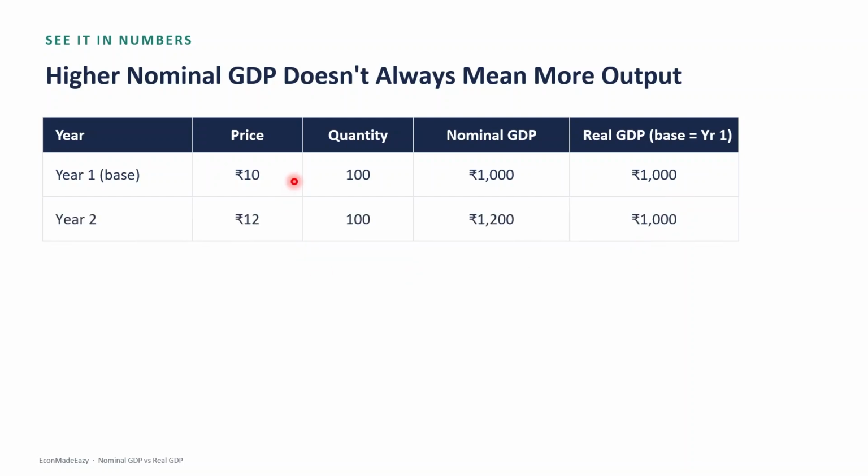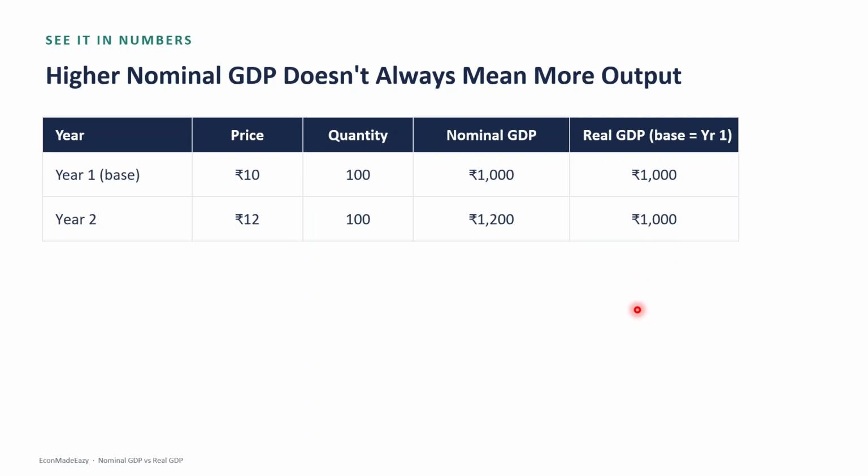The price increases from 10 to 12, but the quantity remains unchanged at 100 units. Nominal GDP uses the current year price. Therefore, 12 multiplied by 100 gives us 1200. To calculate real GDP, we keep the price fixed at base year price of 10. So, 10 multiplied by the current quantity of 100 gives us 1000.